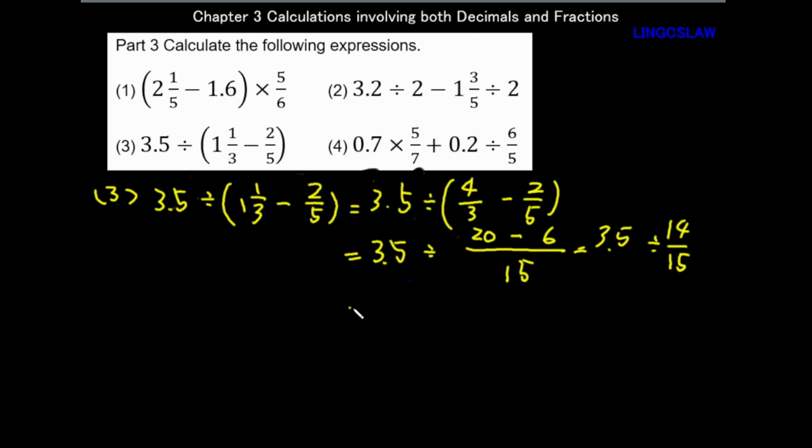Okay, equals 3.5. Oh no, I should have changed this into a fraction. 35 over 10, and 7 over 2. Okay, divided by 2. 35 divided by 5 is 7.